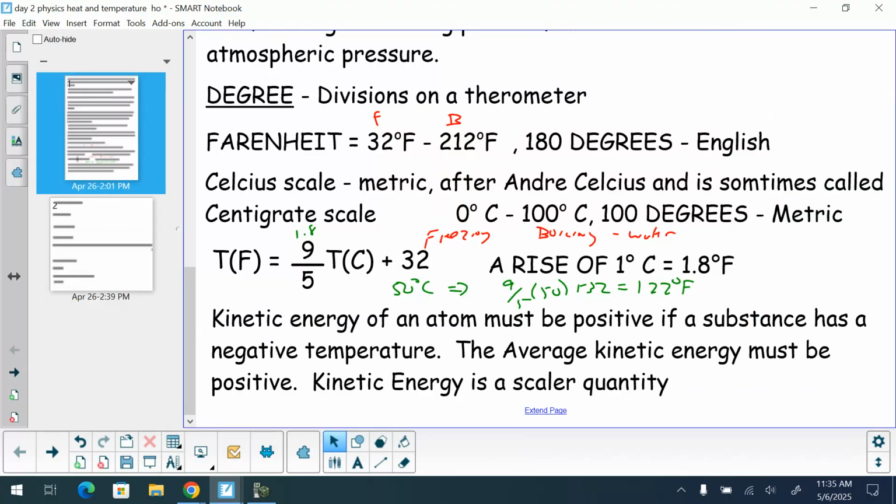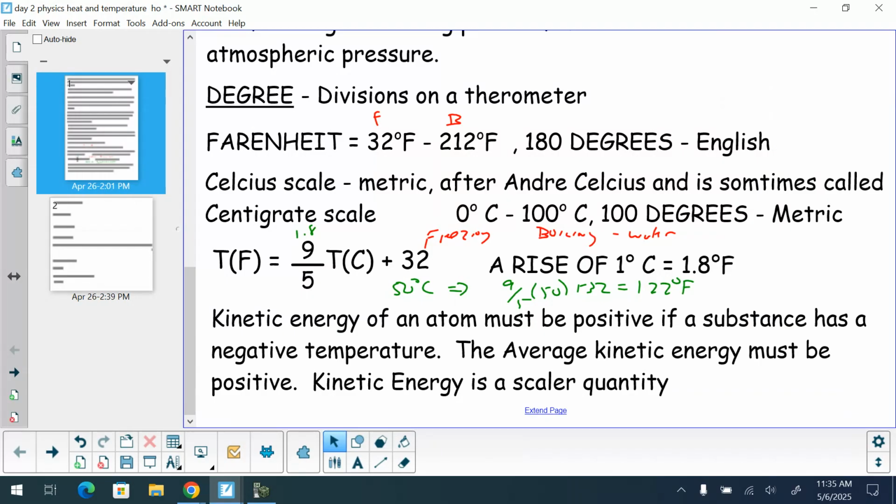Kinetic energy of atoms must be positive. If a substance has a negative temperature, the average kinetic energy must be positive. Kinetic energy is a scalar quantity. We'll talk about how we deal with this, because all of our kinetic energies are going to be positive.